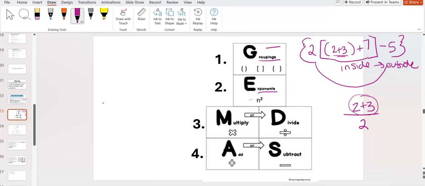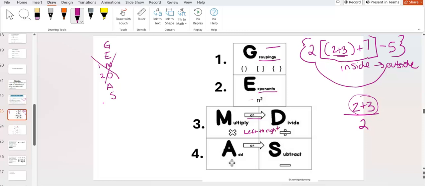Now you may notice that my organization of this looks like a hopscotch. And that's because when we list them like this, GEMDAS, it makes it look like multiplication should come first and division should come second, but that is wrong. It is from left to right.